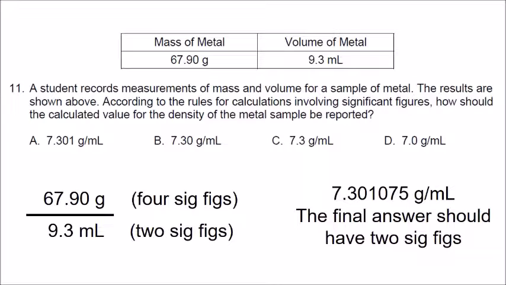Our calculator gives us 7.301075 grams per milliliter. How should we report this answer? Well, the final answer should have 2 significant figures, so the correct answer is 7.3 grams per milliliter.